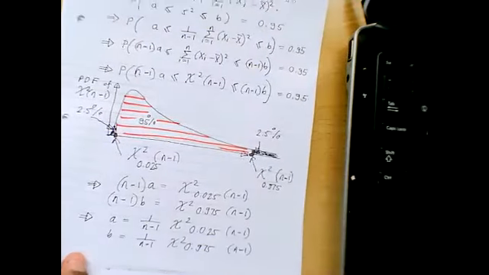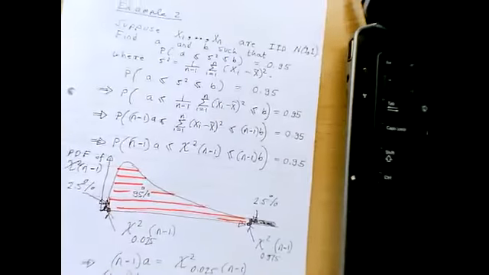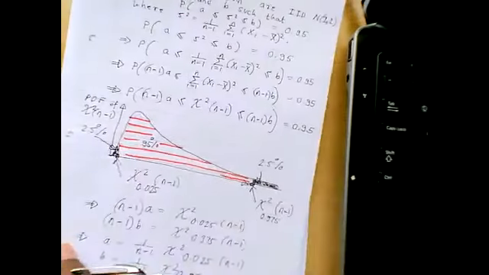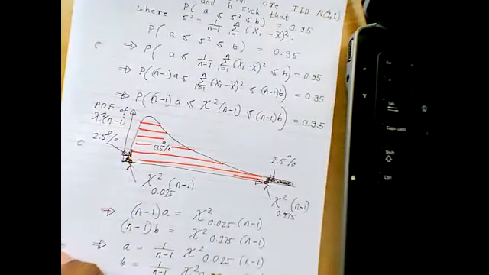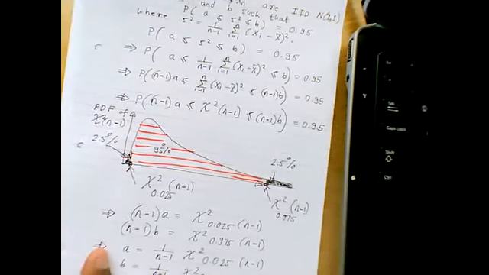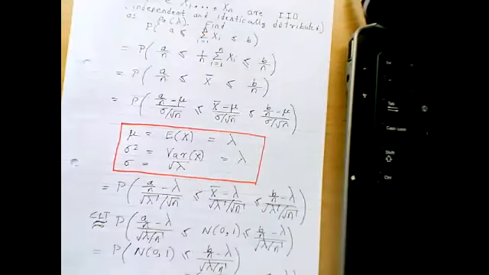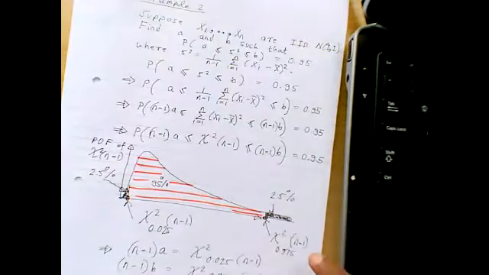All right, so this completes example 2. Are you okay with this, guys? Okay, thank you. So example 1 and example 2 are done. Next example I'm going to do is example 3.